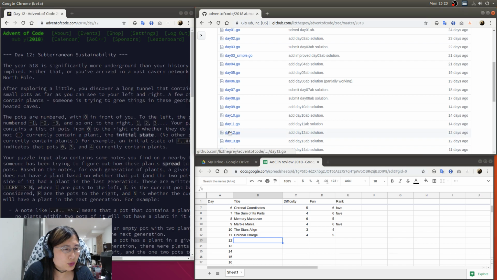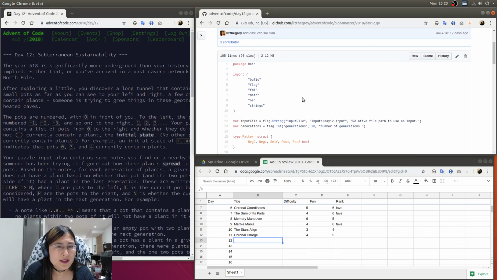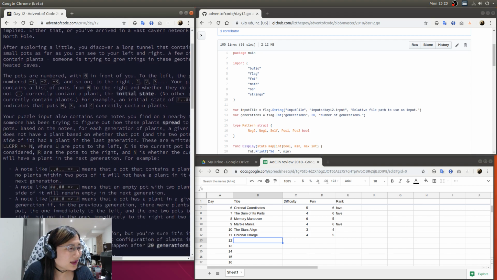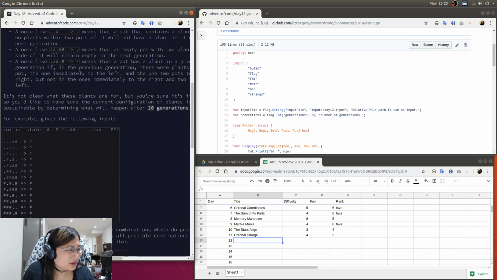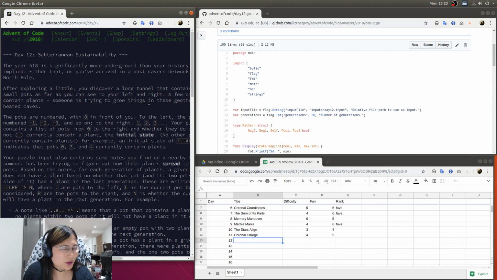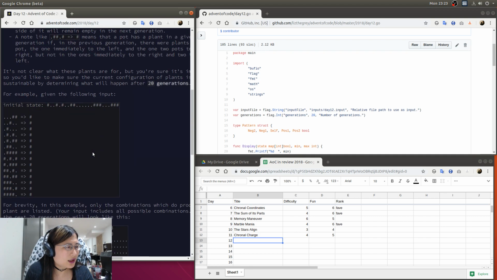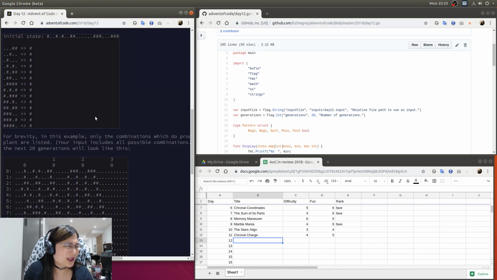Right, day number 12. So for day number 12, we had recurring pot generation, where we had plants whose state depended upon the status of the 2 pots on either side of them. So it created this situation where you had a list of patterns that defined, okay, if it matches one of these patterns, cause the plant to become alive, otherwise cause the plant to become dead.